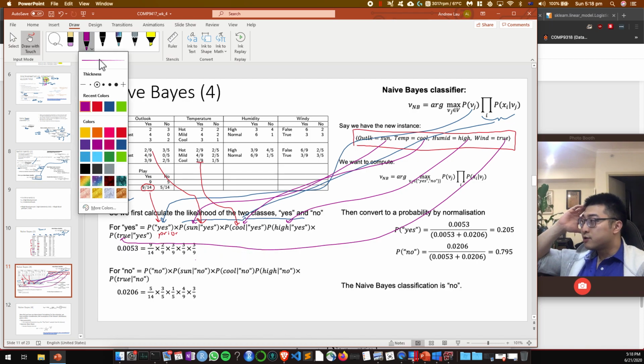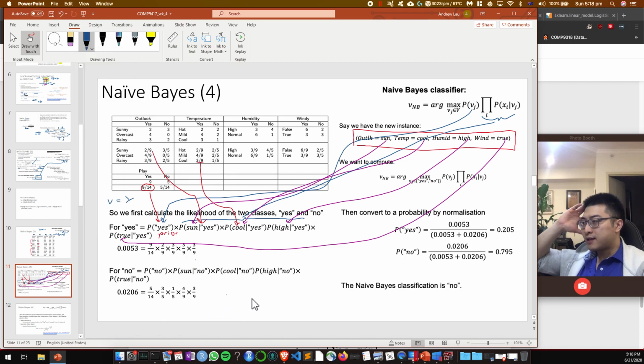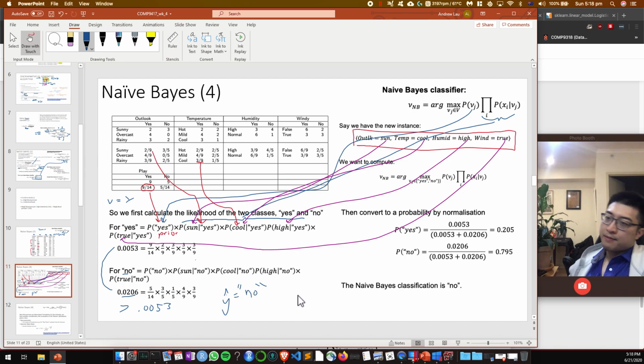Okay, so we do that, and then we repeat this exercise using no. We do the other side. Then you can see here that this is greater than 0.0053. So in this case, our y hat, our predicted value, is no. We don't want to play tennis based on this.